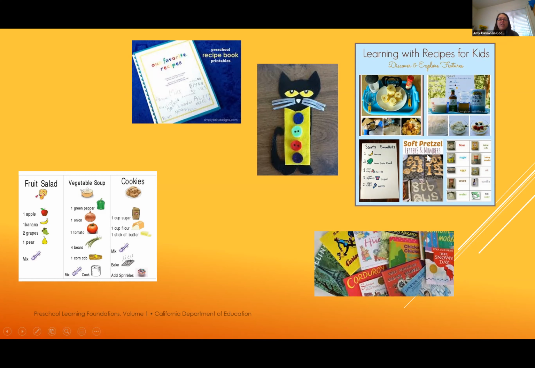And I love this example where they did a cooking experience, and they made pretzel dough, and they did it in letters and numbers. And so it's just another way to, again, engage children and make this interesting and fun. And so I've done the same kind of thing, but we did it with Play-Doh. So there's lots of different ways.